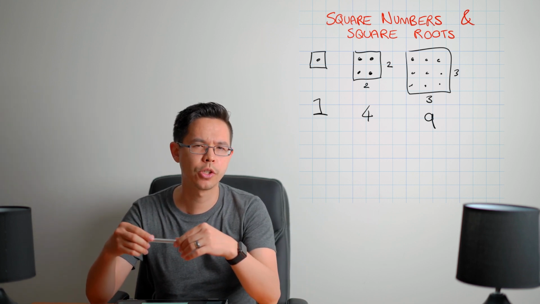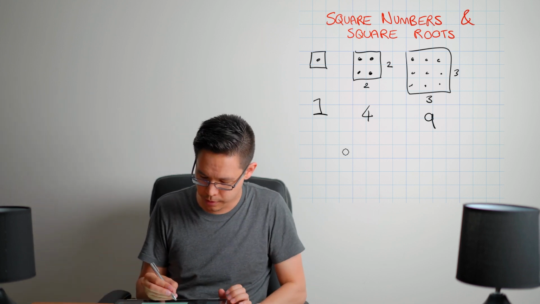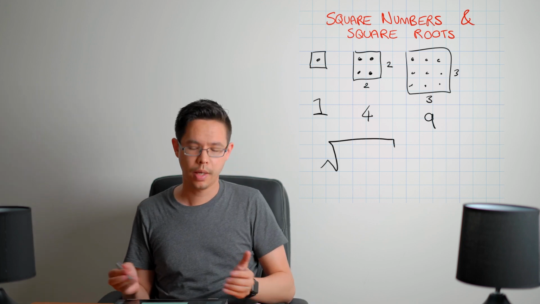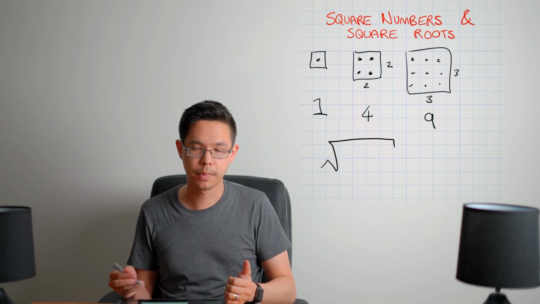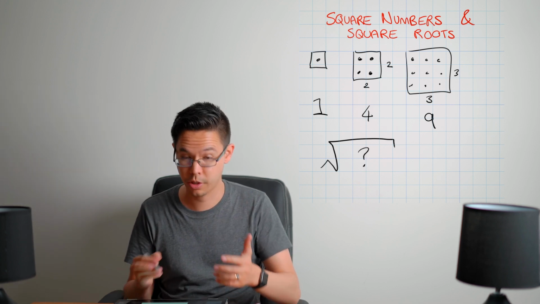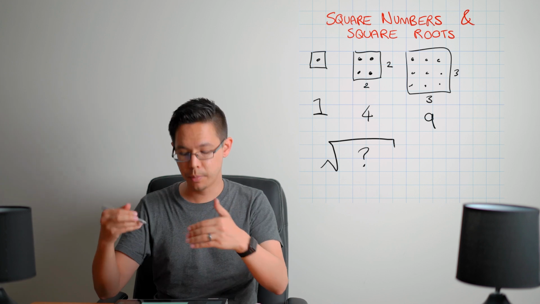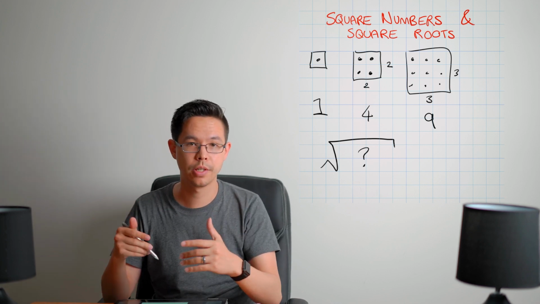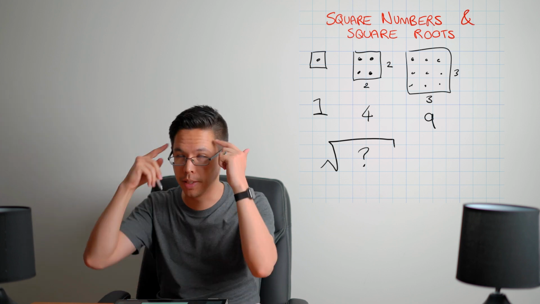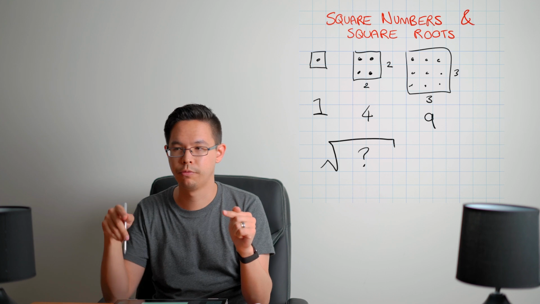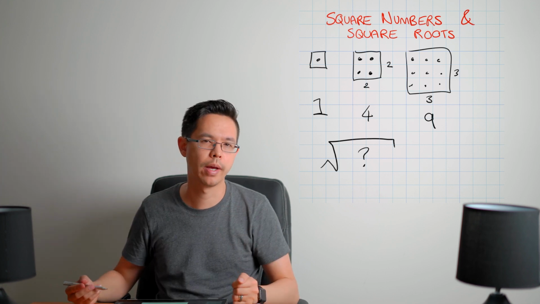So what's this business of square roots? Well, a square root is often represented with this sign here. This is a square root sign. And a square root sign is basically saying, whatever number you put in here, I'm just going to put a question mark for now, can you tell me, if it was arranged into a square, what would be the length of one of the sides of that square?